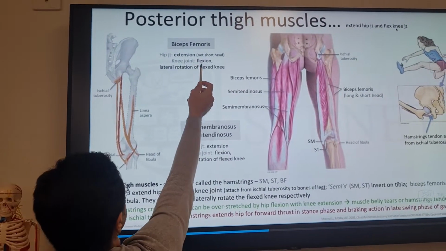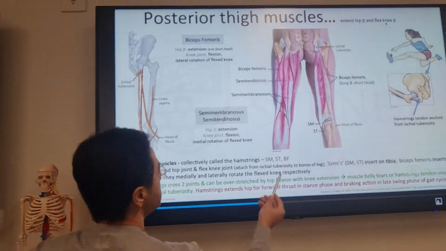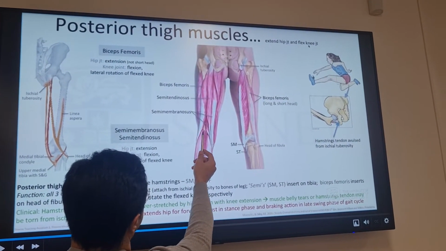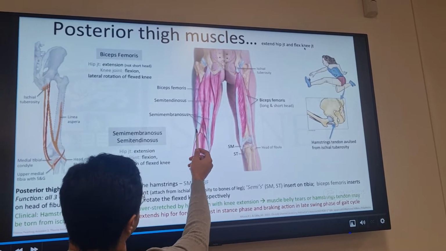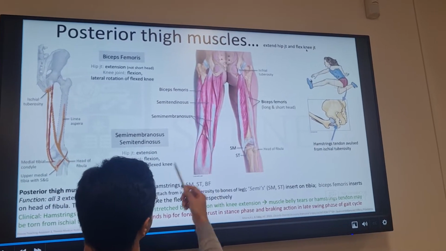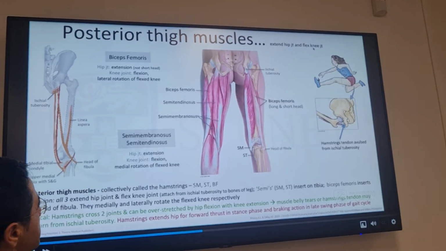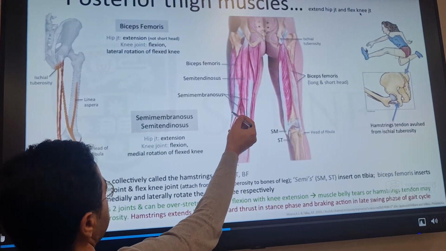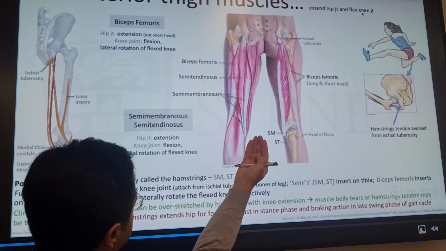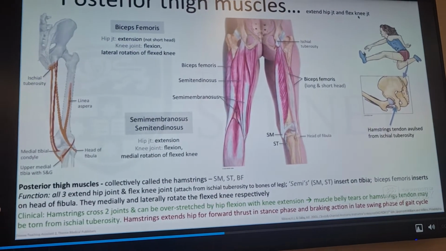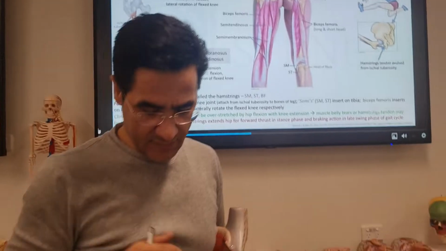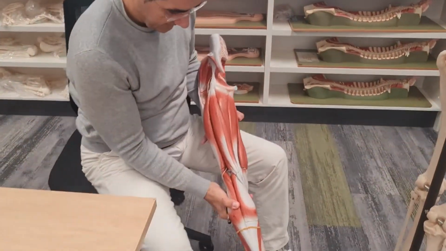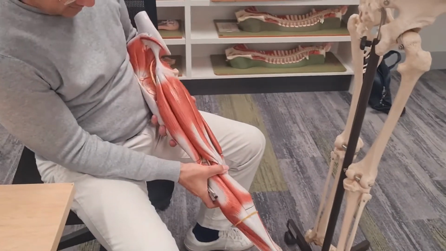They can also do flexion of the knee joint, because as you see, all hamstring muscles cross the knee joint: laterally, biceps; medially, semitendinosus and semimembranosus. So they can do flexion of the knee joint, and biceps can do lateral rotation, and semimembranosus and semitendinosus can do medial rotation of the knee joint. Thank you.